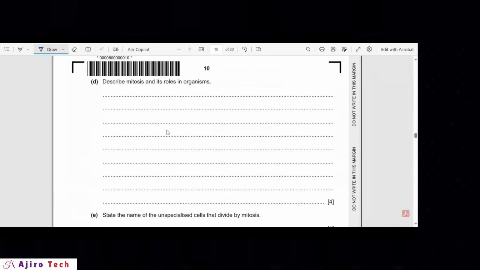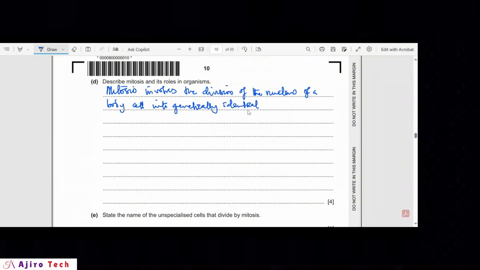But to describe mitosis and its role in an organism. So mitosis involves the division of the nucleus of a body cell into two genetically identical nuclei.